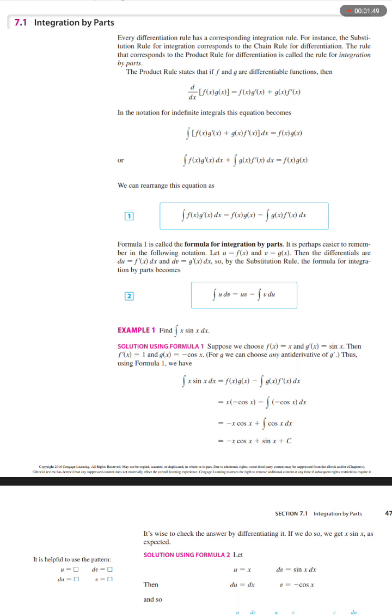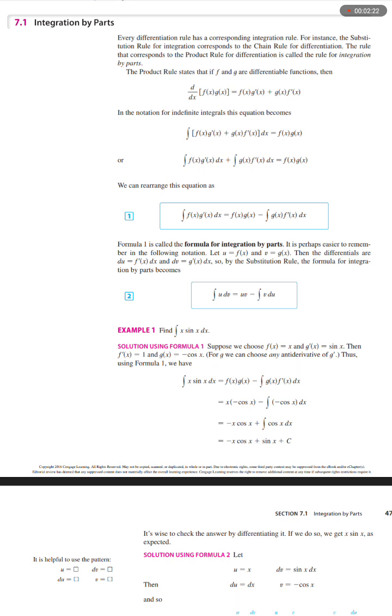We can rearrange this equation as equation 1: the integral of f(x)g'(x) dx equals f(x)g(x) minus the integral of g(x)f'(x) dx. Formula 1 is called the formula for integration by parts.